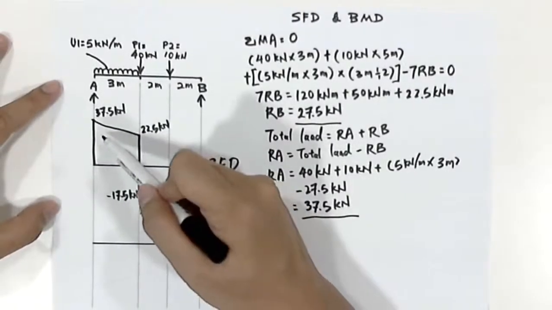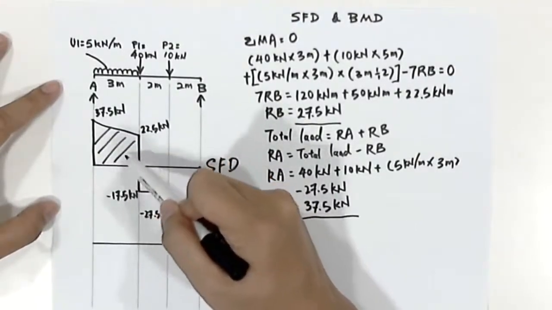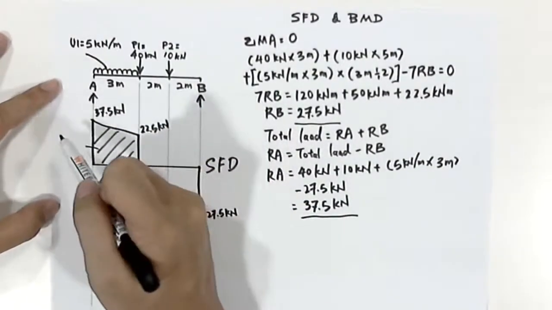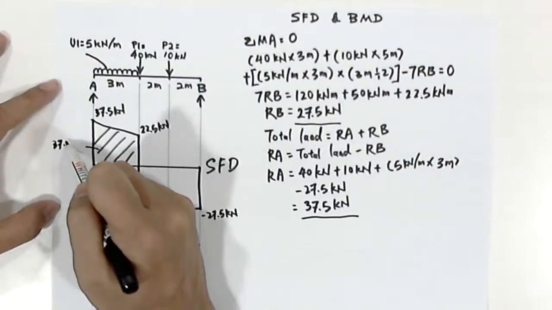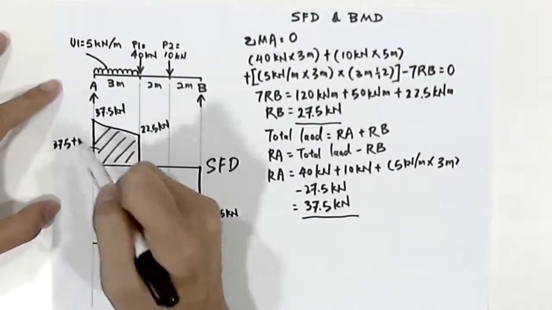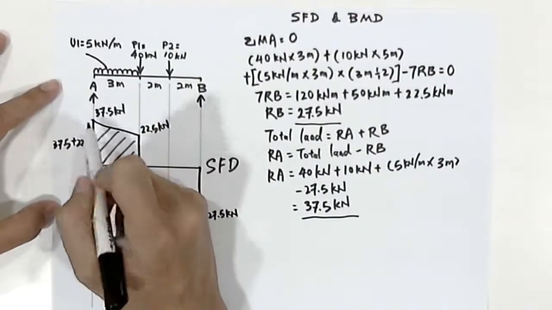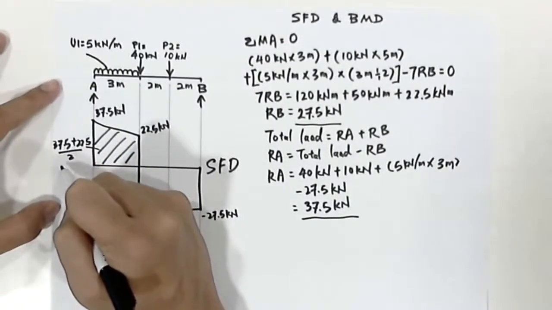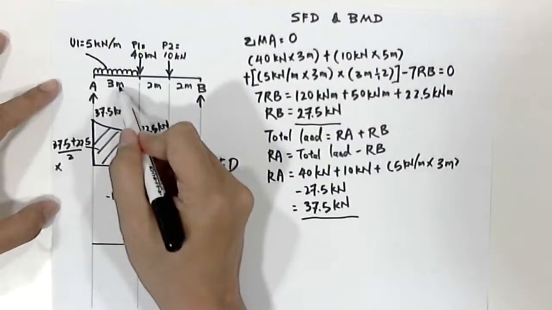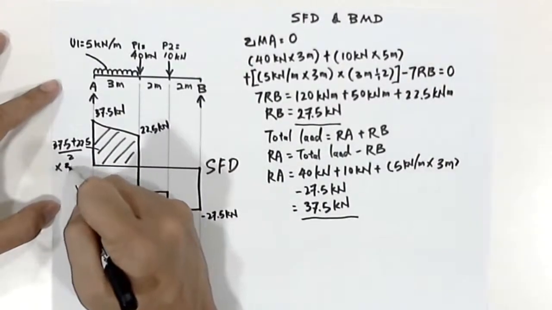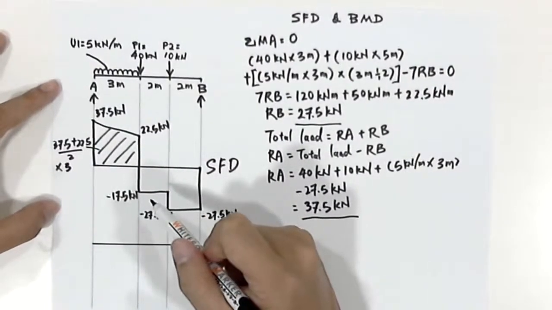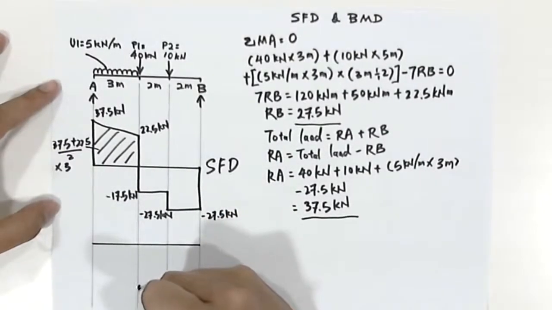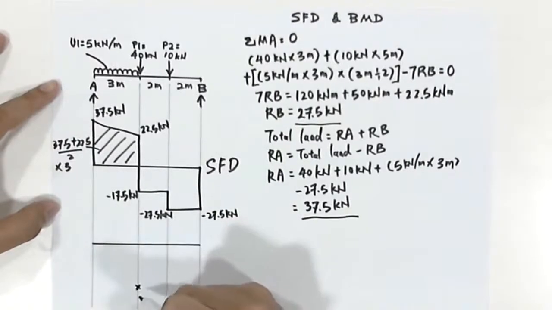So let us try to calculate the area for this zone, which is 37.5 plus 22.5 divided by 2, then times the span 3. The answer will be 90 kilonewton meter.